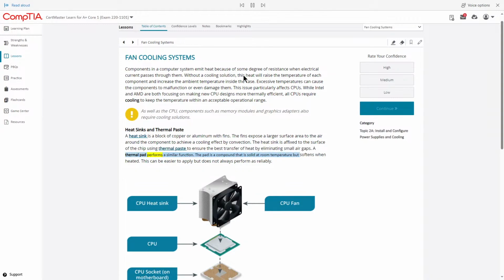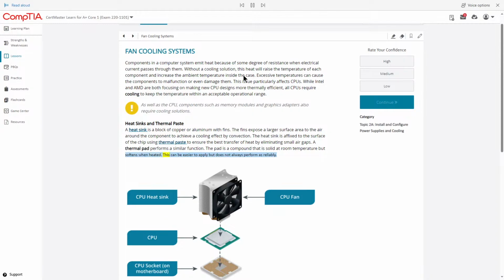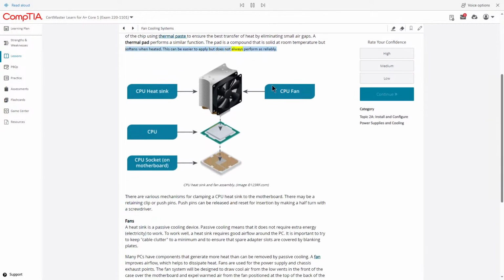A thermal pad performs a similar function. The pad is a compound that is solid at room temperature but softens when heated. This can be easier to apply but does not always perform as reliably.